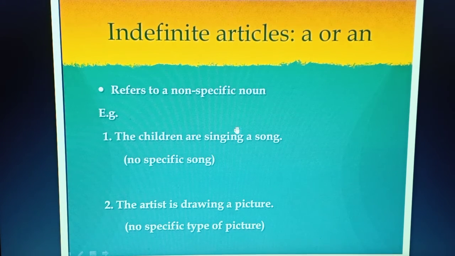These articles are used for singular nouns. It means that the nouns must be countable and singular. These are used in the sense of one or any. These can be used only with nouns, not with any other parts of speech, right?